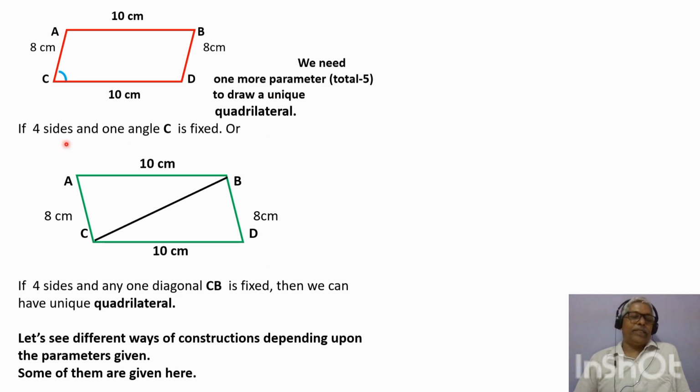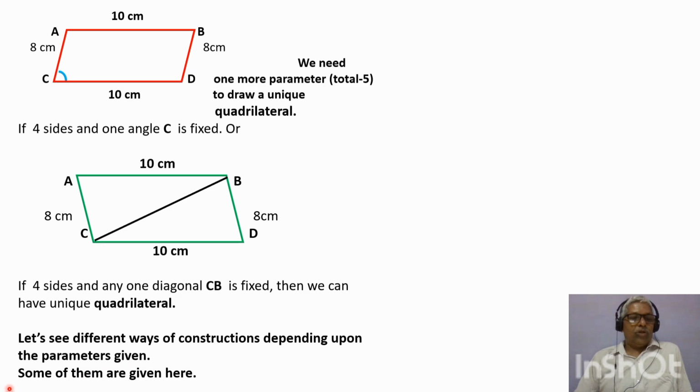We have seen that if any 5 out of 10 are taken, we cannot draw a unique quadrilateral. So there is a combination of parameters we will see in the next slide, and we will try to construct a quadrilateral according to the parameters given.